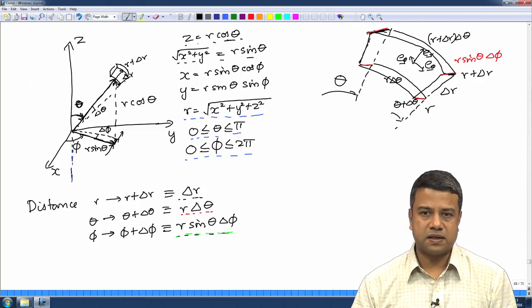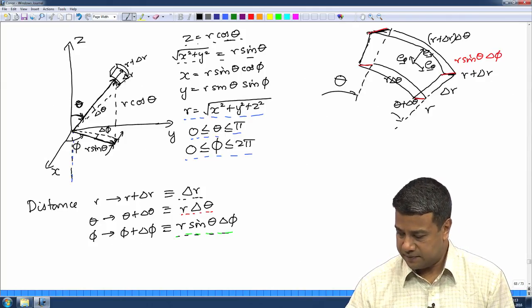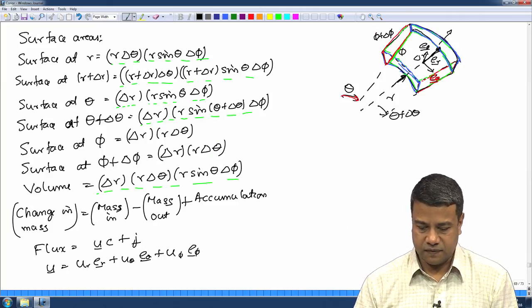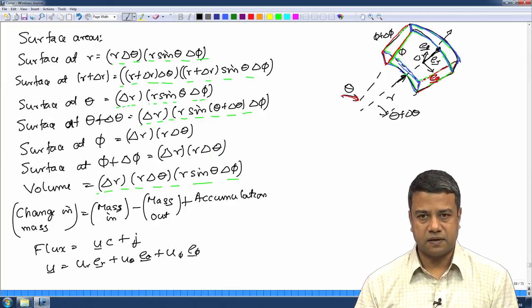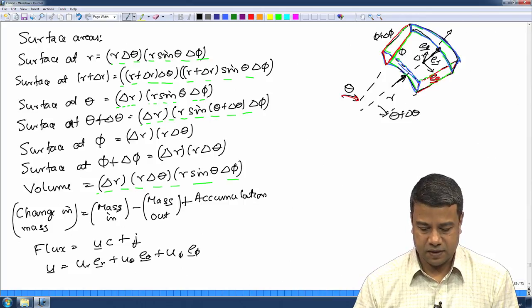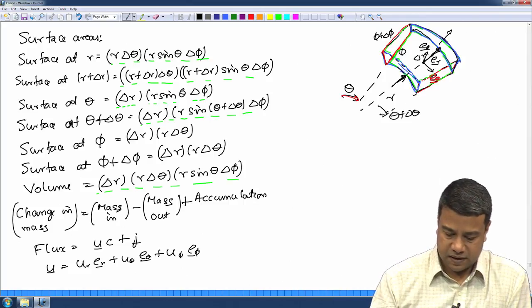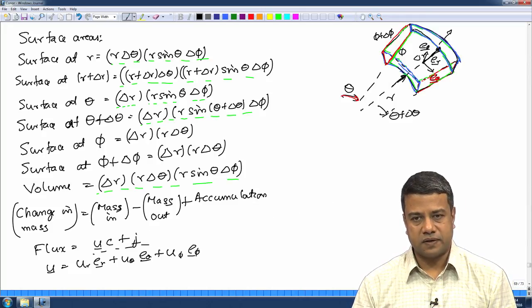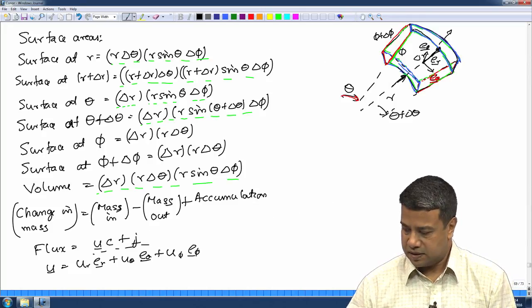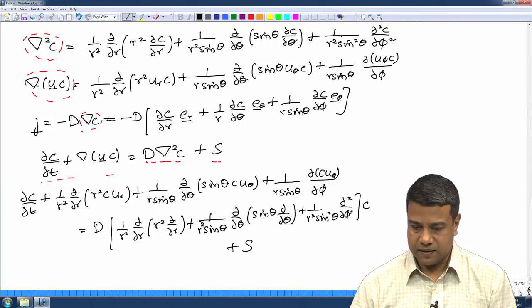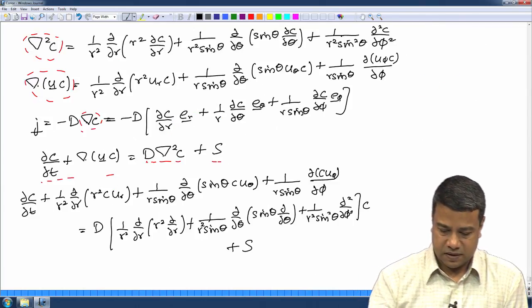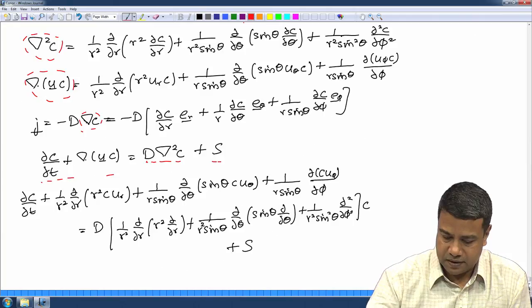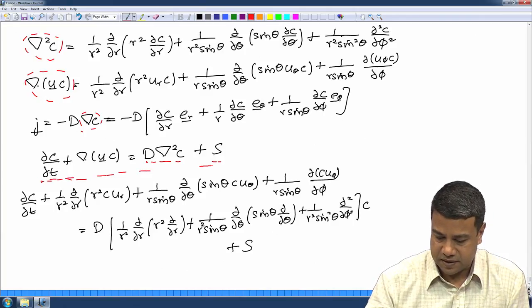You write down balance equations, with surfaces at different locations in this coordinate system. The flux is written as the sum of a convective flux due to the velocity field and a diffusive flux, and based upon this we got the same differential equation. The differential equation written in vector notation was the same.